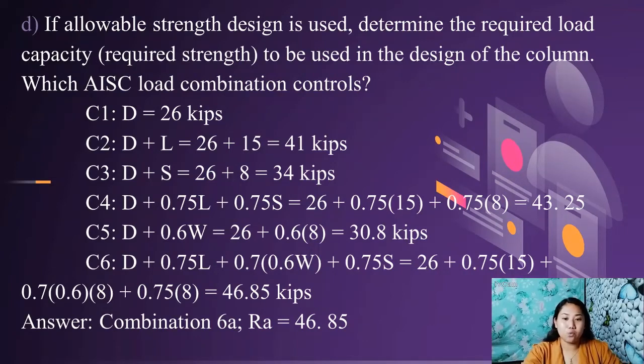So we have here C1, 26 kilopascal, then C2, we substitute, we get 41 kilopascal, then C3, 34 kilopascal, C4, 43.25 kilopascal, C5, 30.8 kilopascal, C6, we get 46.8 kilopascal. Then the highest among them is C6, we get 46.85 kilopascal, and that's the answer.